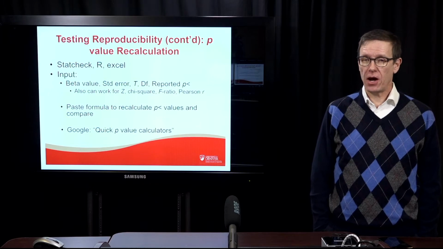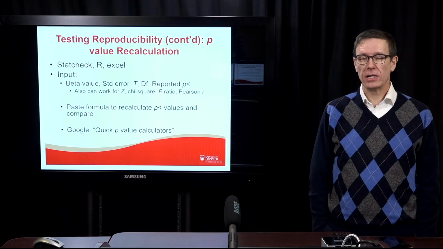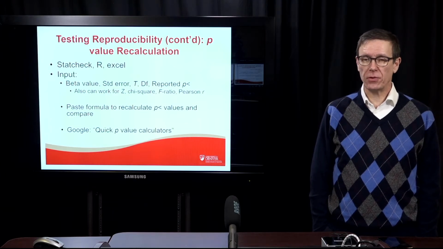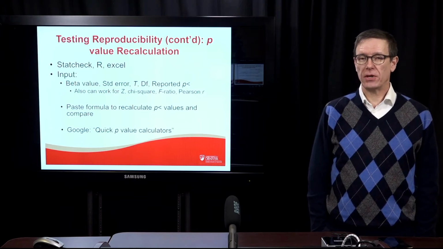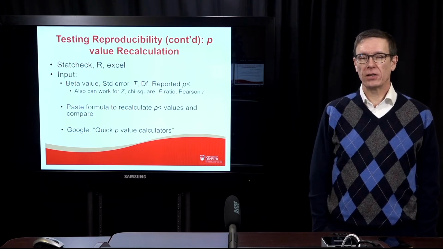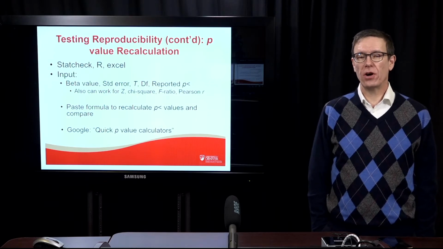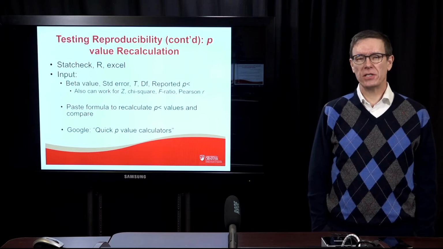You take the standard error for that beta value. Again, this is all for a single variable. Then the t statistic, the degrees of freedom, and the reported significance value. In addition to t, you can also use a z statistic, chi-square, F ratio, and even a Pearson's r. So a variety of statistics can be examined using this p-value.